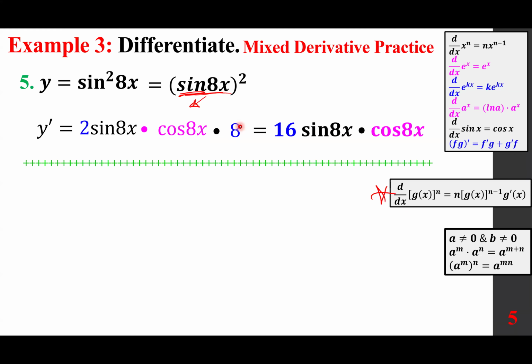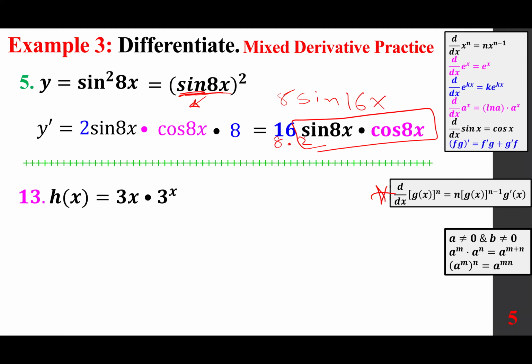And we rewrite it as 16 sine of 8x cosine of 8x. Just in case, 2 sine 8x cosine 8x is sine of 16x, so this becomes 8 sine of 16x. In other words, this is 8 times 2, just in case.